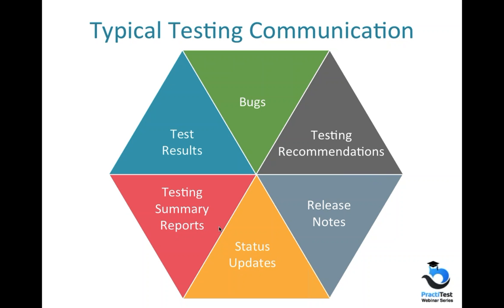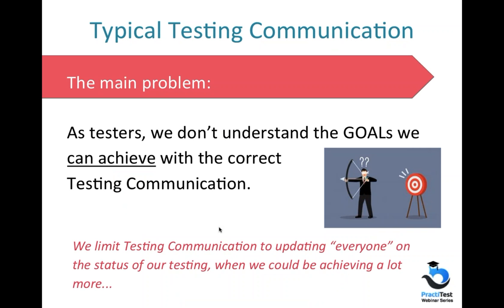Okay, and this takes me actually to what I see as today's main issue with testing communication. The main problem that we have today with testing communication is that as testers, we don't understand that there are plenty of additional goals we can achieve by using correct communication techniques.